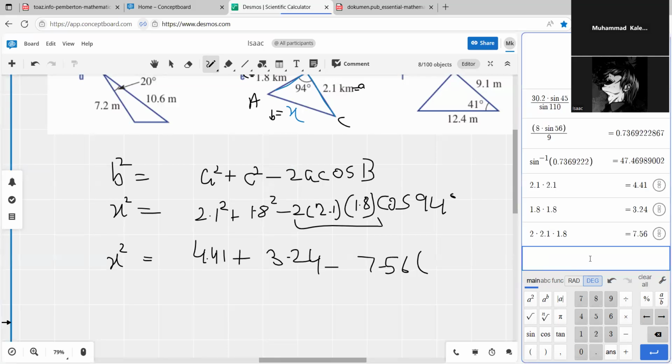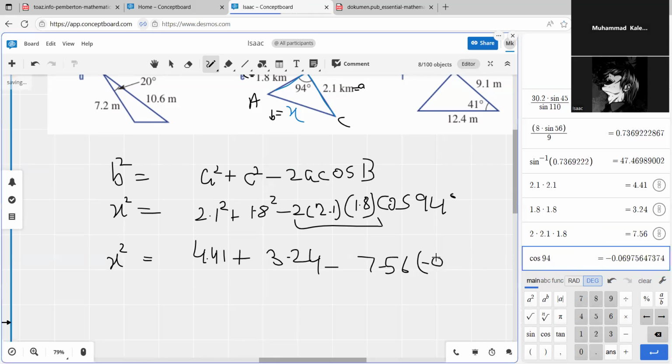Let's calculate this one as well, and make sure that your calculator is in degree. Cos 94 is negative 0.06975. When this multiplies, it will turn into positive, right?